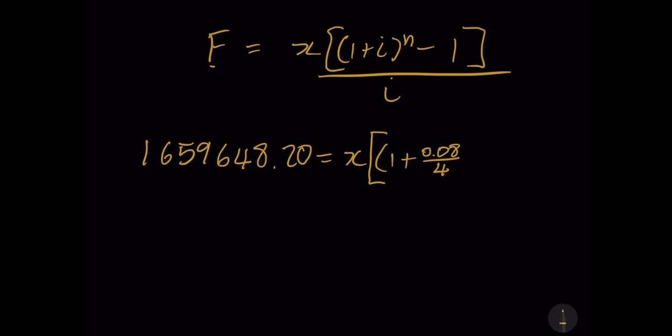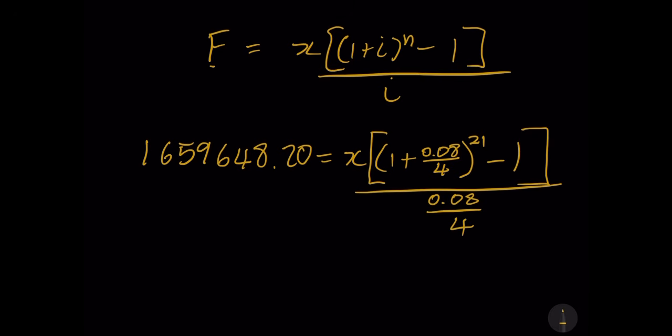The number of terms is 5 times 4, which is 20. But remember, we started paying immediately, so that would be 21 terms. So that's minus 1, divided by, again, 0.08 divided by 4. So just be careful of that.